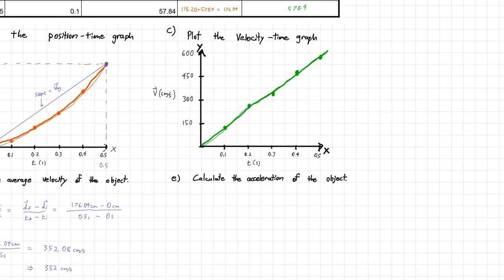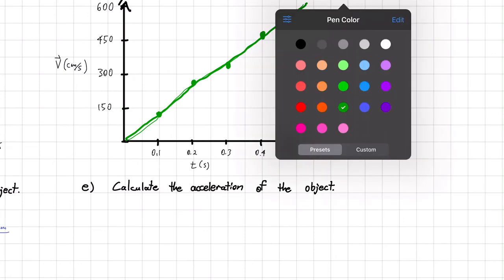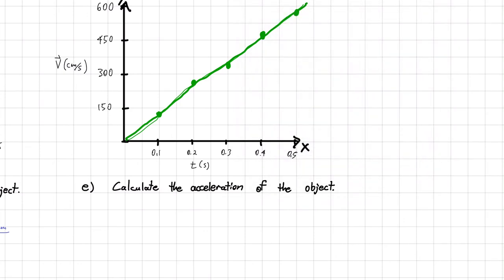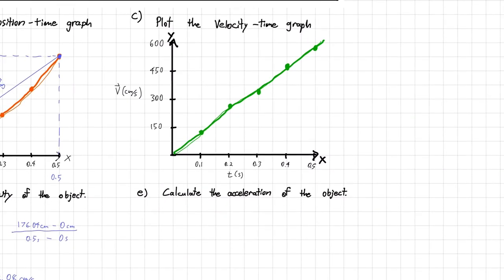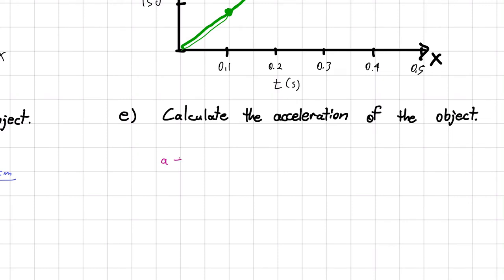Final question. Calculate the acceleration of the object. So acceleration, when we want to find the acceleration, we're going to have to be looking at our velocity time graph. And we know that the acceleration will have units of centimeters per second squared.